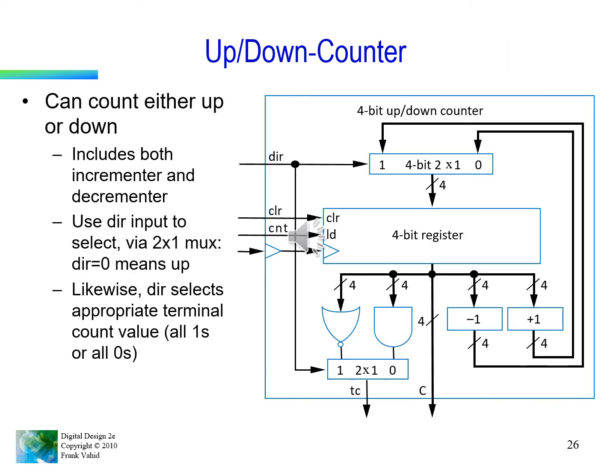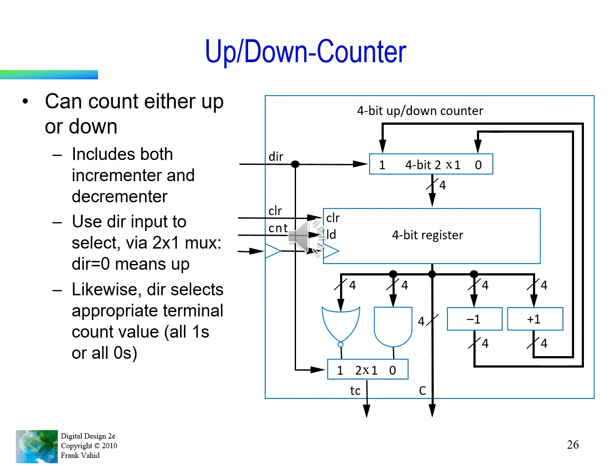We have an up-down counter which can either count up or count down depending upon the direction. So we have a 4-bit register, then an incrementer +1, then a decrementer -1, which increase or decrease the value by 1 depending on the direction.